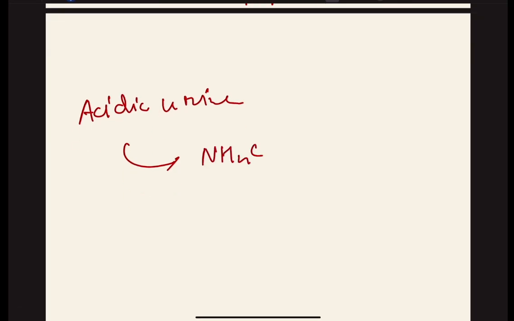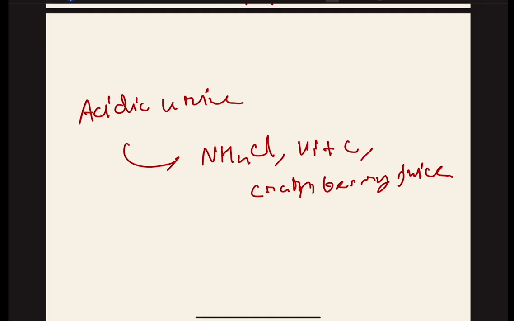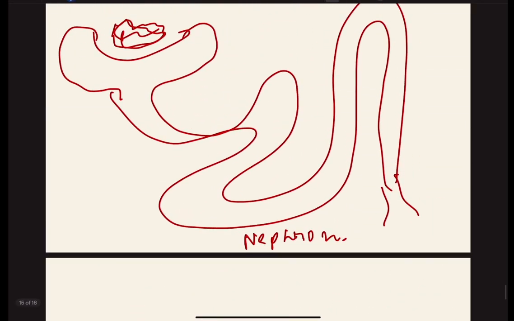You can make the urine acidic by taking ammonium chloride, vitamin C, or cranberry juice. If the urine is acidic and you give the person an acidic drug, then in this urine the acidic drug will be more in non-ionized form, and it can be easily reabsorbed into the circulation.